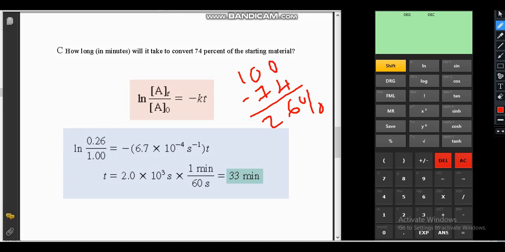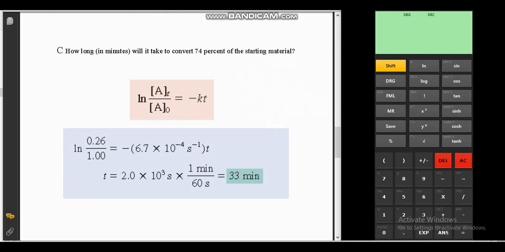Now, if 26% of the starting material has remained, then the 26% becomes the percent at a given time that we have been asked. Then the starting material is 100%.